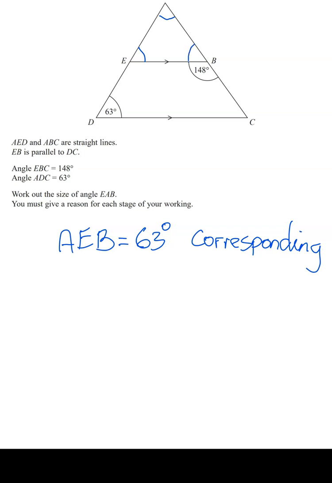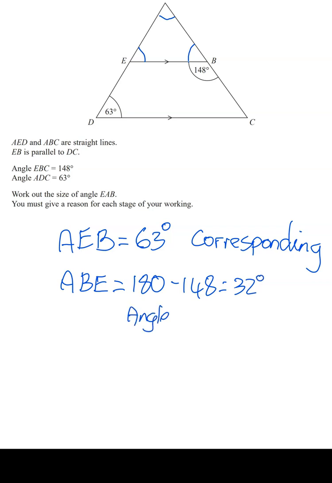So notice how I'm setting it out. So ABE is basically 180 minus 148, which is 32. Angles at a point on a straight line. Angles on a straight line equals 180 degrees. Okay, reasons there.